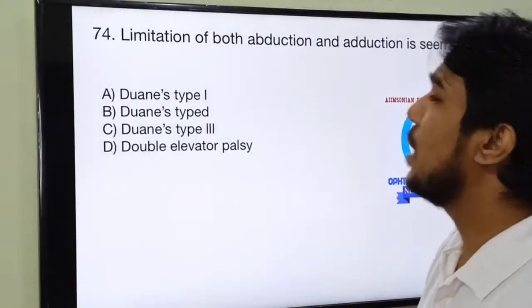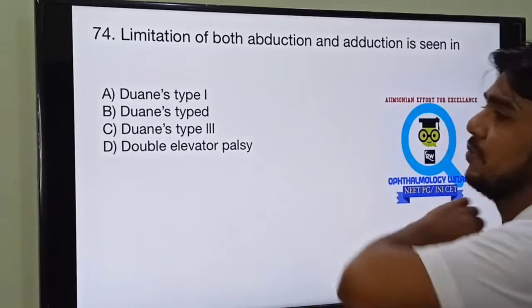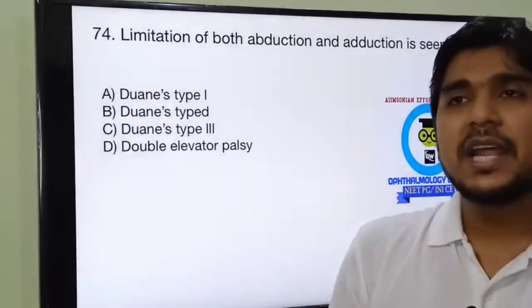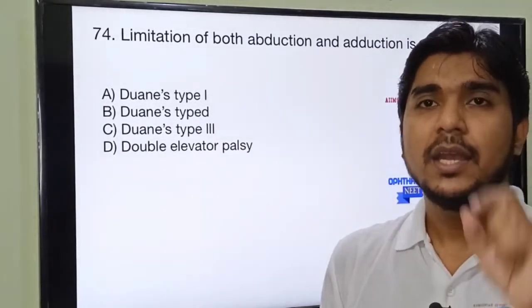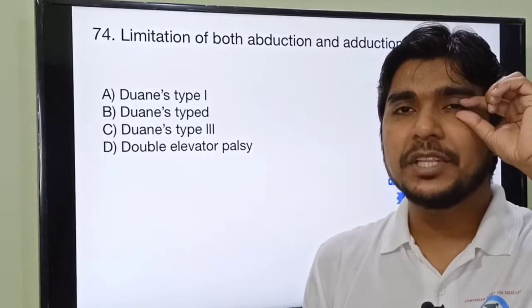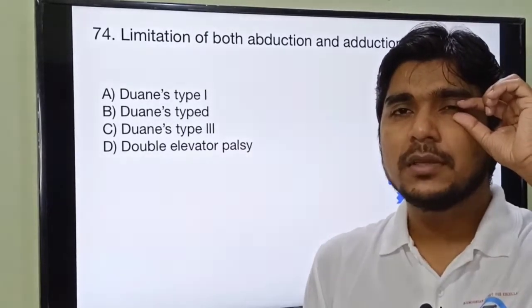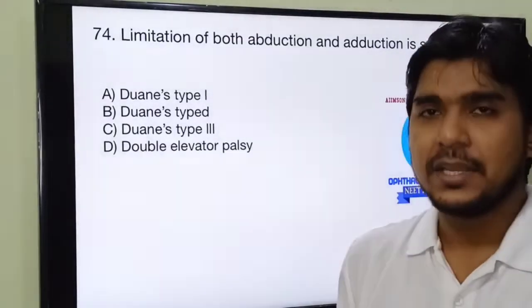Coming to the 74 number question, limitation of both abduction and adduction is seen in. DRS is a thing, whenever you are going to adduct your eye, there is a constriction of the palpebral aperture, or it becomes small, then you diagnose it as DRS.